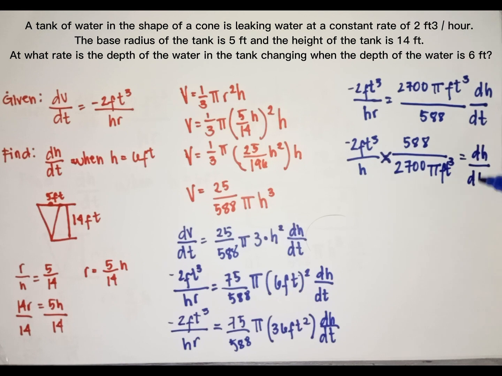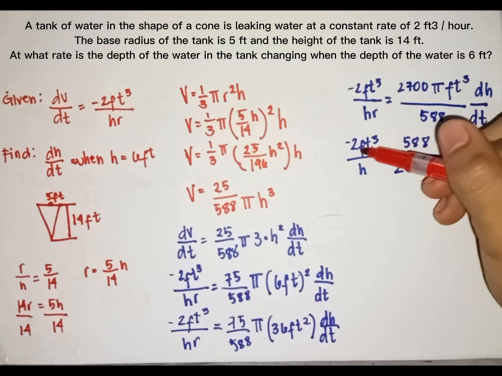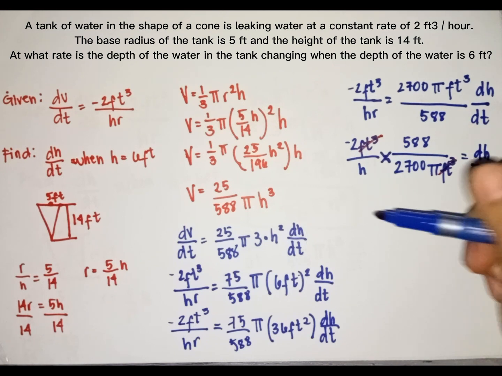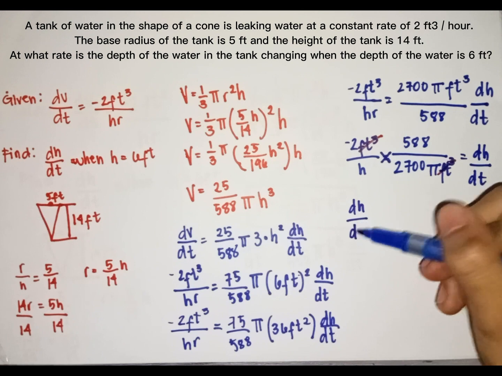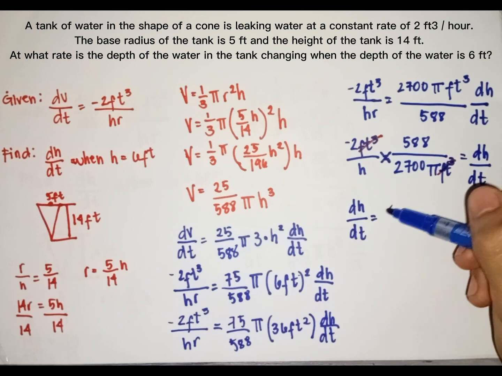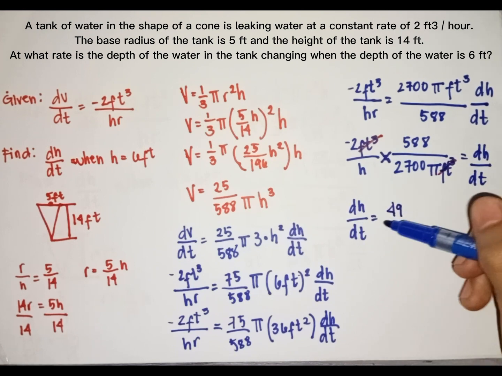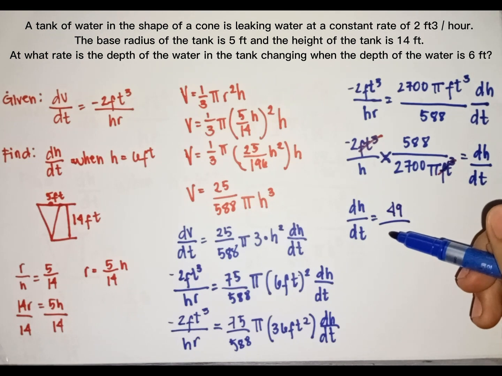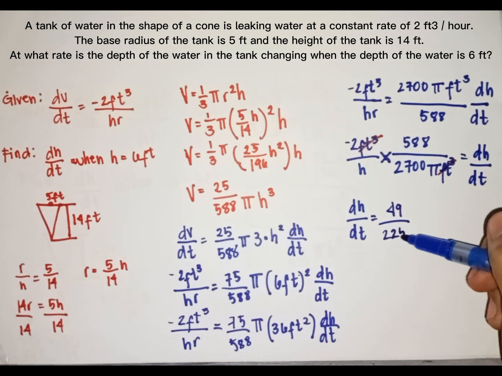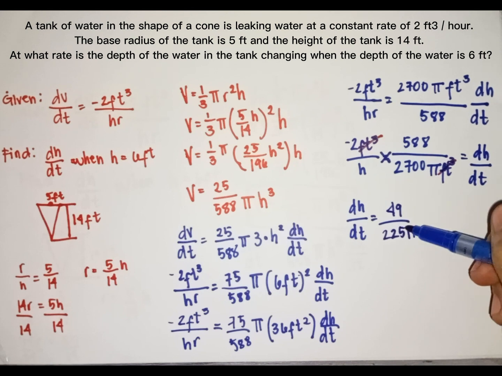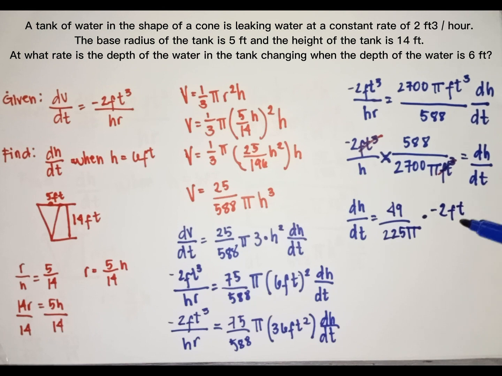So we are going to cancel the feet, and dh over dt is equal to 49 over 225 pi times negative 2 feet per hour.